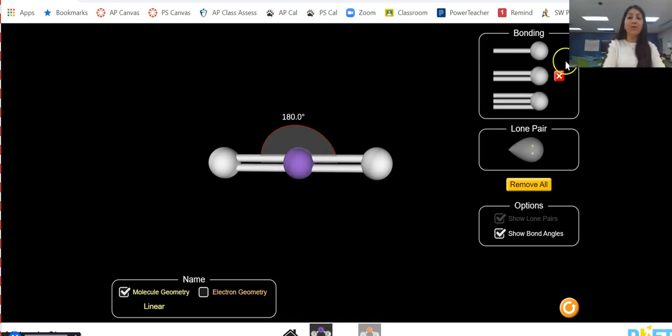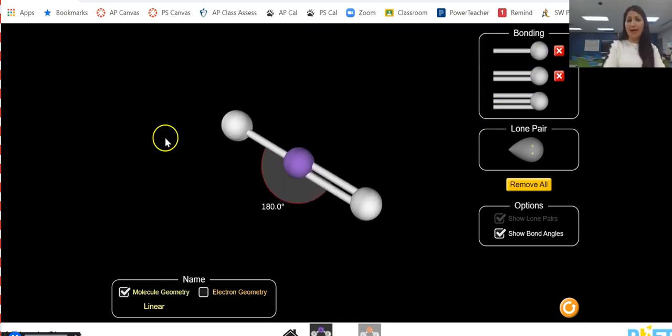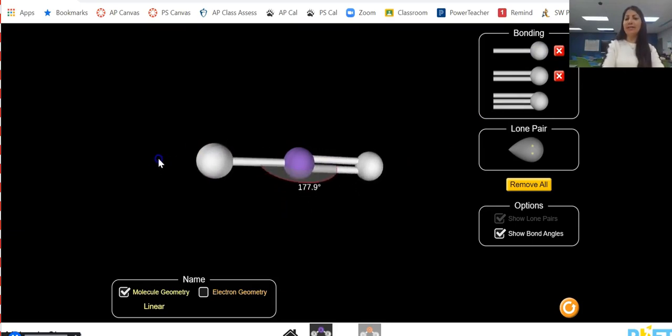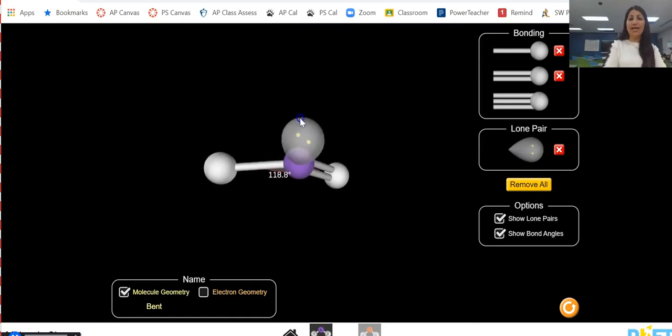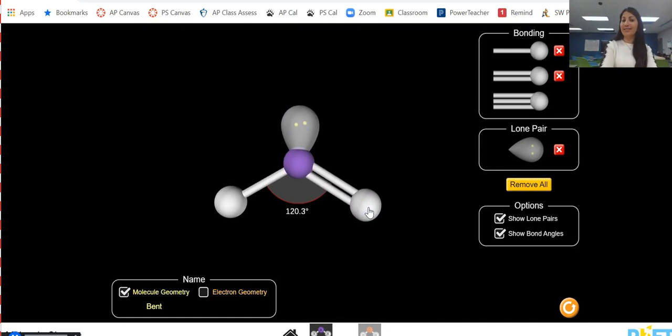Pretty easy one. Now, what can happen is one of these instead could be a single bond, okay? And if it's a single bond, then this is not obeying the octet rule. I would need a lone pair of electrons. And now it's actually a 120 degree bond angle. It's easy to remember because it looks like the bottom section of a triangle, where the whole thing equals 360.